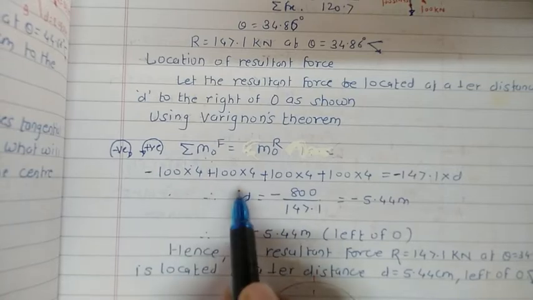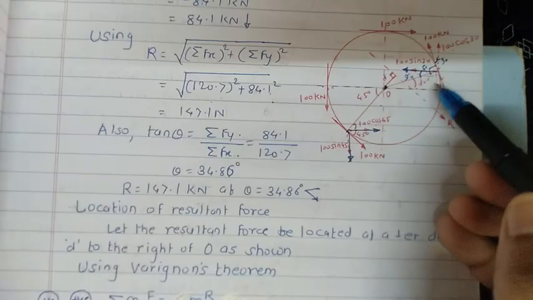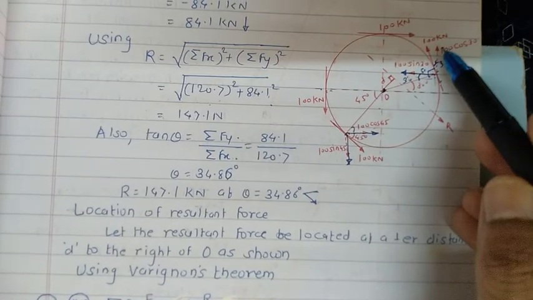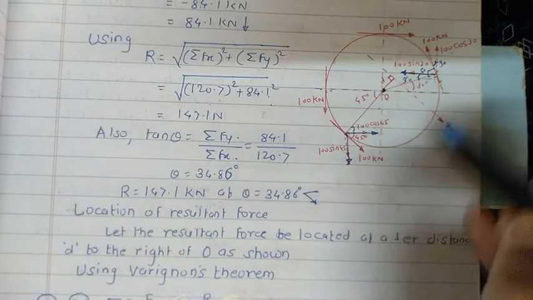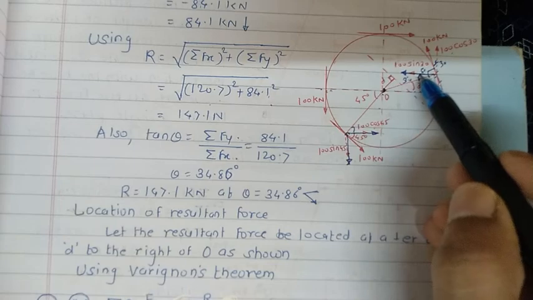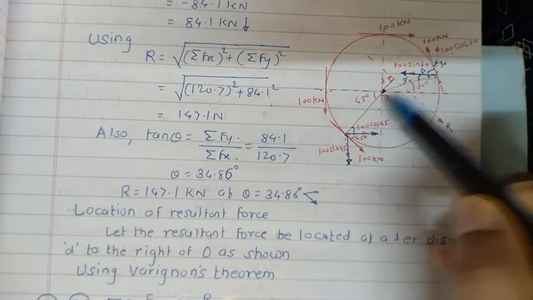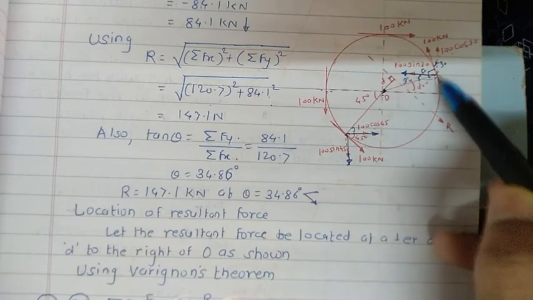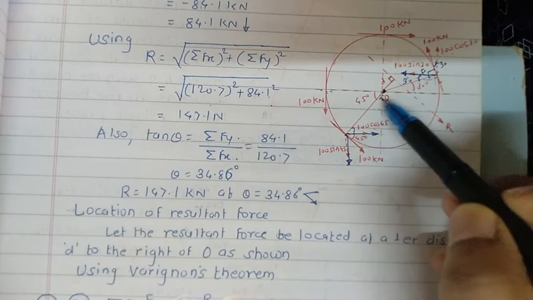What about the next one? Next force is here. The tendency of this 100 kilonewton force to turn about this point is in the anti-clockwise direction. Again, I am repeating, it is not necessary to consider the component of this force, because we can directly get the perpendicular distance between the line of action of this force and the point about which the moment is calculated.